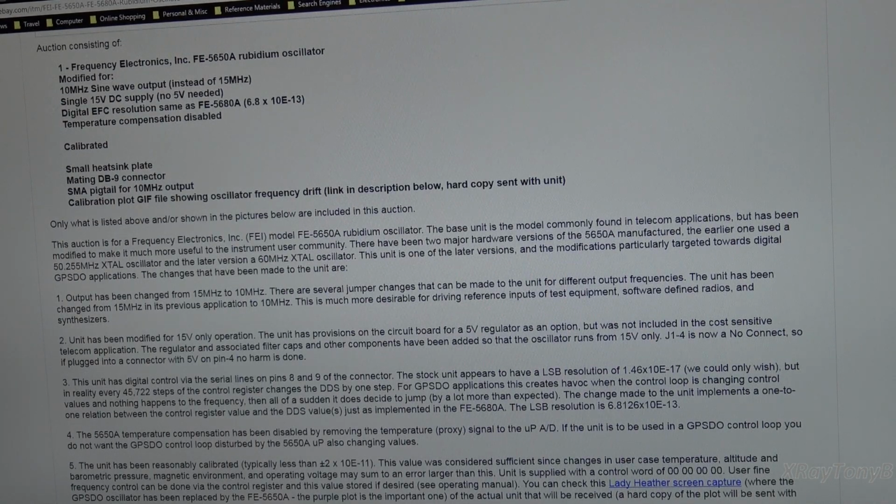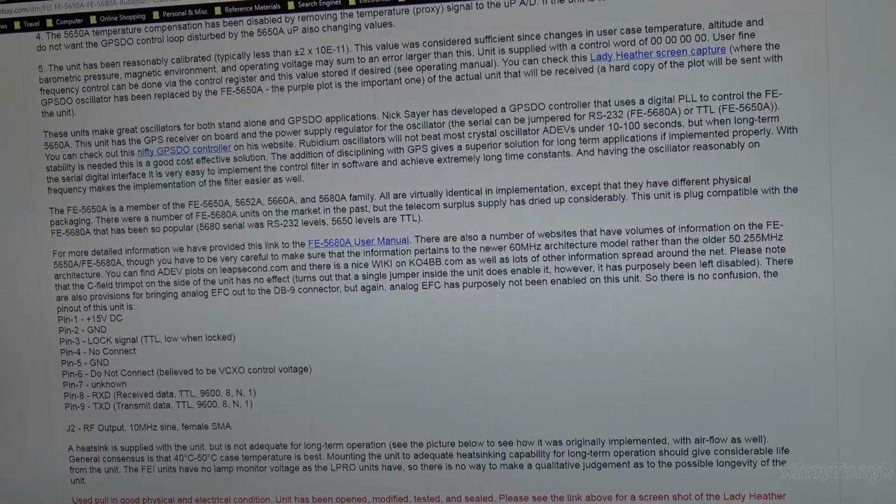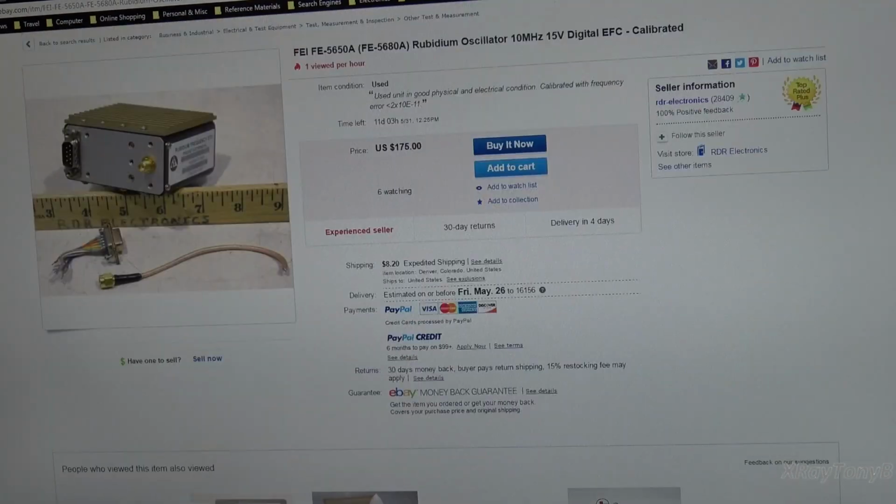Each one he does a little printout and includes it with it when you buy this. It gives you a nice little detail, a copy of the user manual you can get to and download. Has all the pins of the 9-pin connector. Very, very nice. So if you're interested in that, you can purchase that.